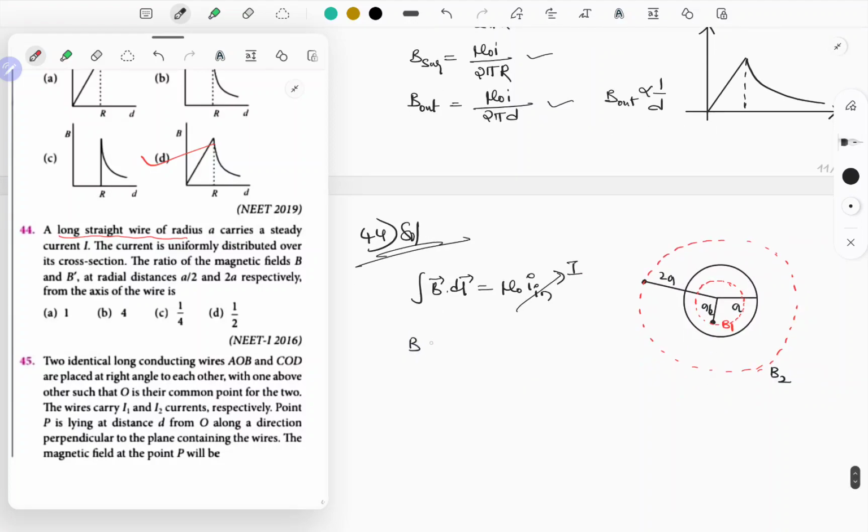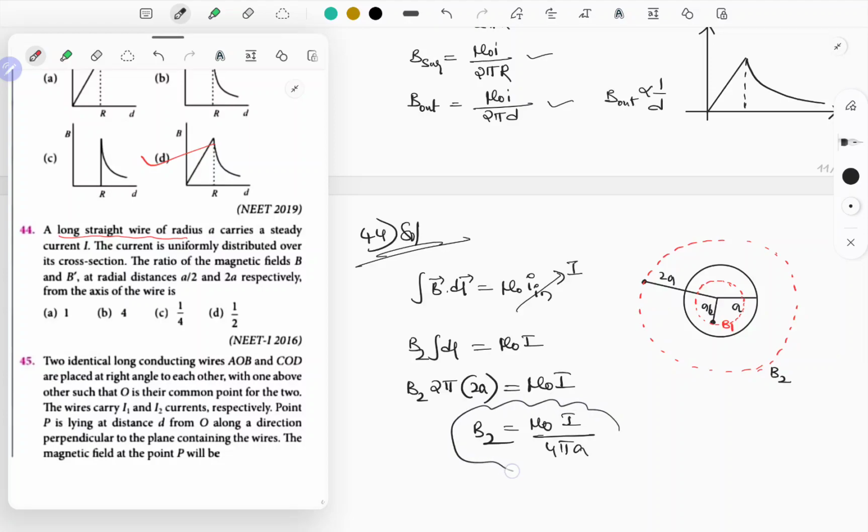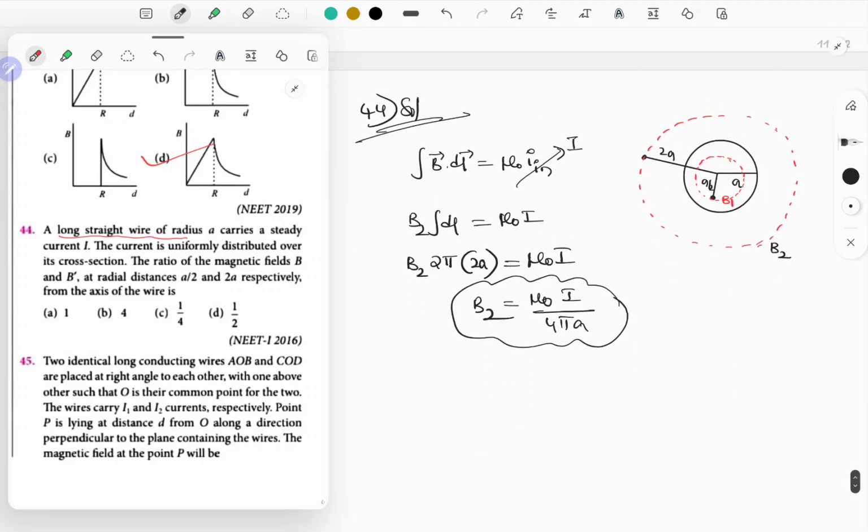So B integral dl is equal to mu naught into I, where integral dl is the total length, so it's going to be 2 pi r, which is 2a, equal to mu naught I. So the final formula for magnetic field is mu naught I divided by 4 pi a. So this is the magnetic field due to the outer loop.